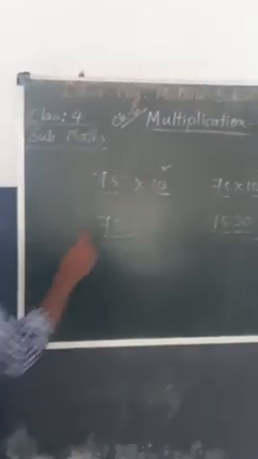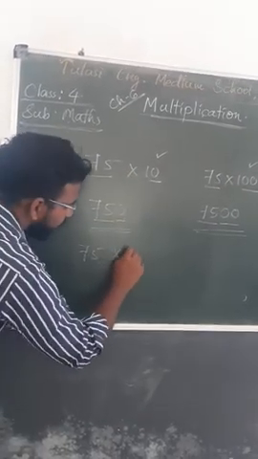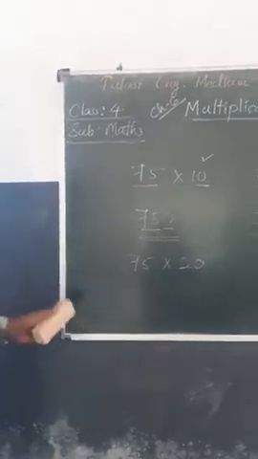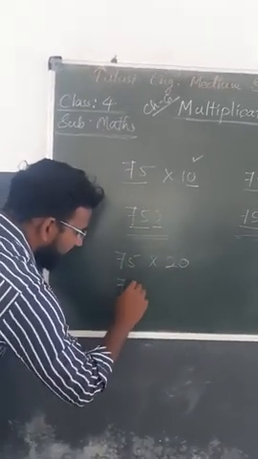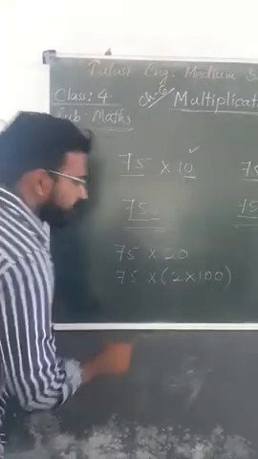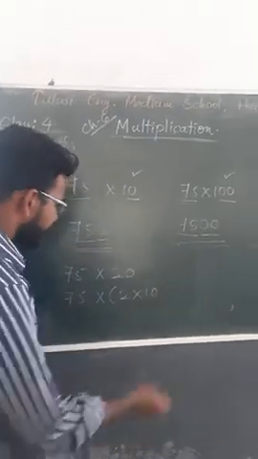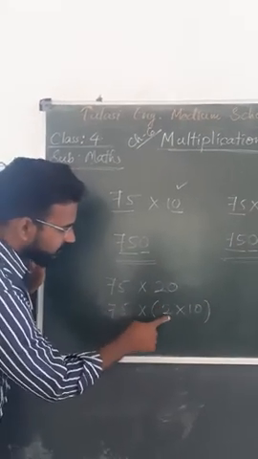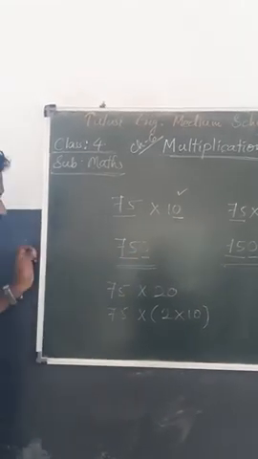See, for your understanding, I am writing the same number, 75, into 20. So we have to multiply in this way: 75 into 2 into 10. Because 20 is 2 into 10, and we know how to multiply by 10.